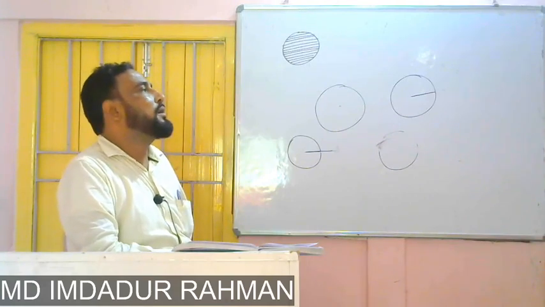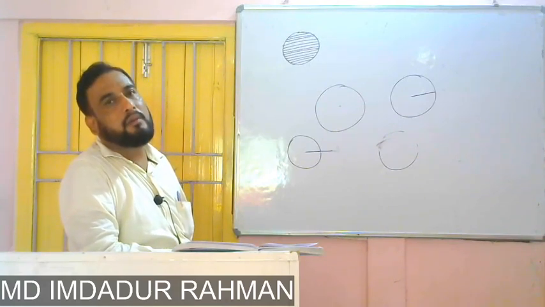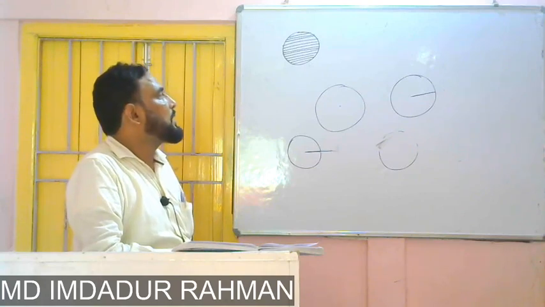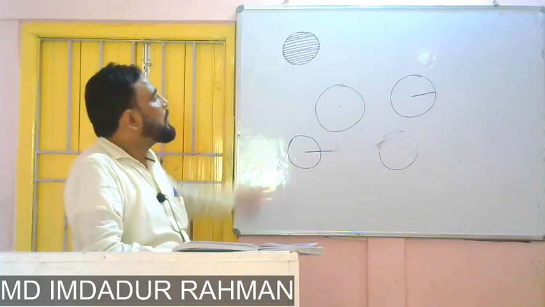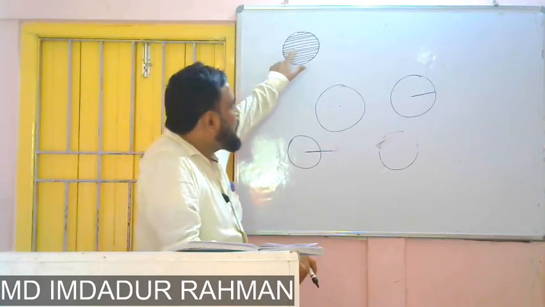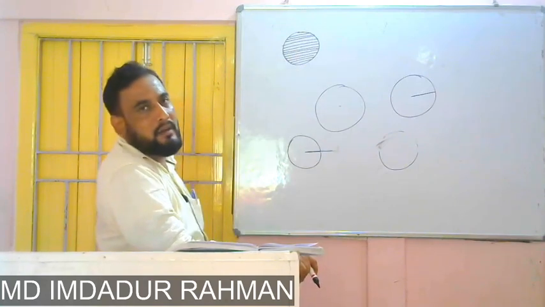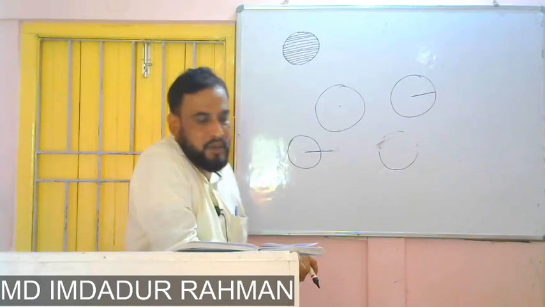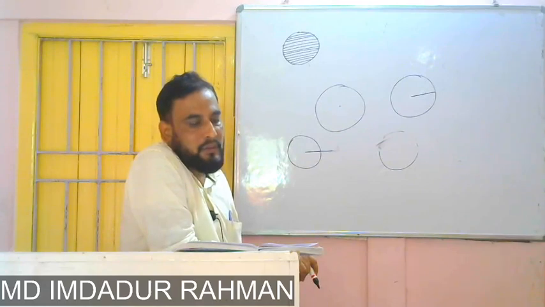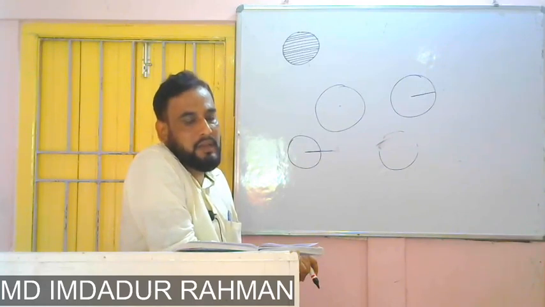If we draw 2 or 3 chords, the chord which passes through the center will be the longest. So the answer is diameter of the circle.